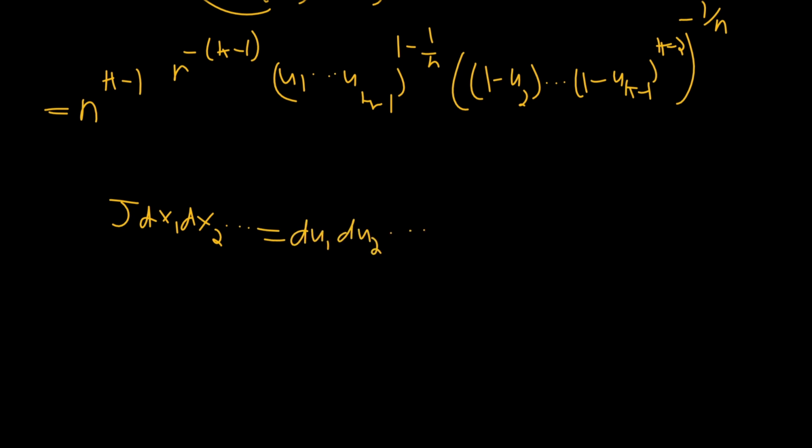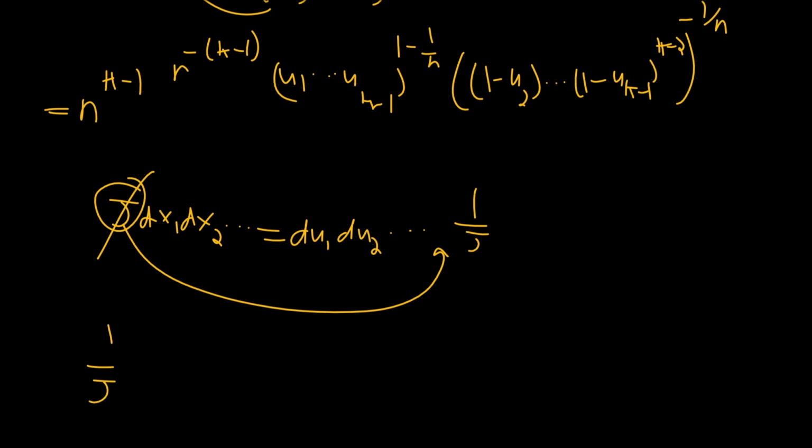So to actually get our dx's in terms of du's, we need to take the reciprocal of this because currently this is being multiplied by that. We just need to move it onto the other side. So cross it out, and we just need a 1 over J right here. So 1 over our Jacobian, which is actually what we're going to be using when we evaluate our integral, is just the following. And it actually looks a bit nicer when you write it like this.